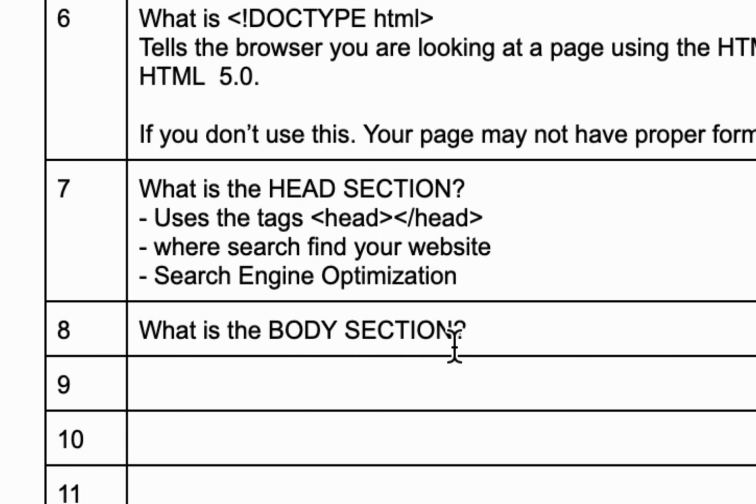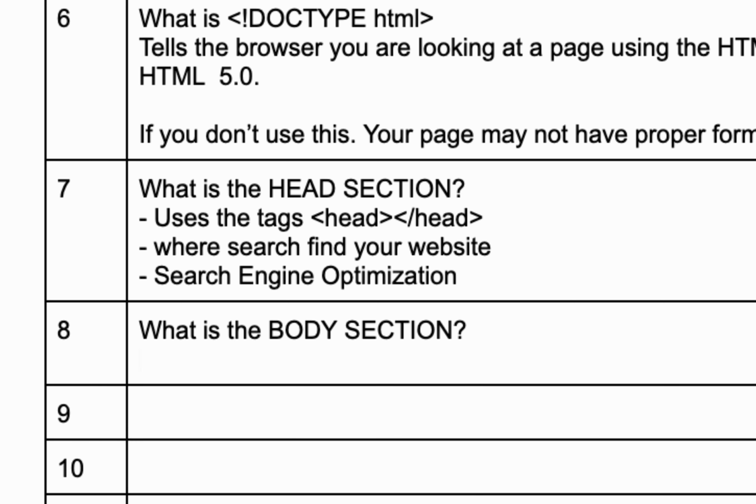Then the body section is basically the images, text, content that the public can see.